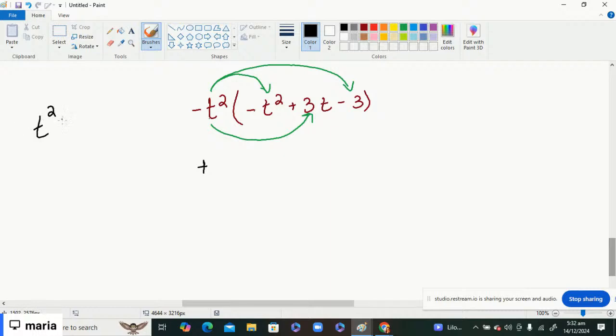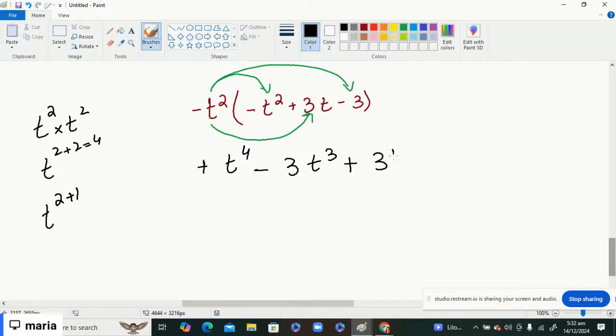This is t square times t square. We are not putting 2t square, no, just adding their power, that is 4. So here is t power 4, and then minus plus becomes minus 3. Now t power 2 and then t power 1, that is t power 3. Then minus minus becomes plus, this becomes 3t square, and that is the answer.